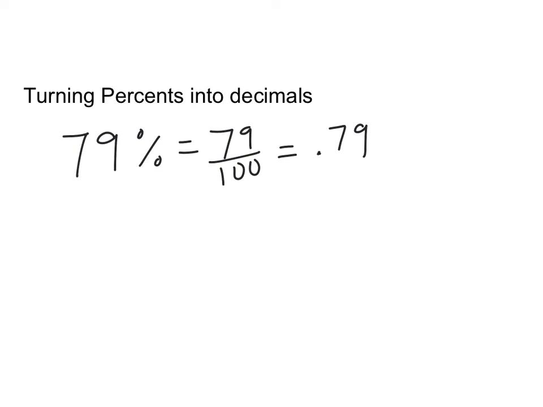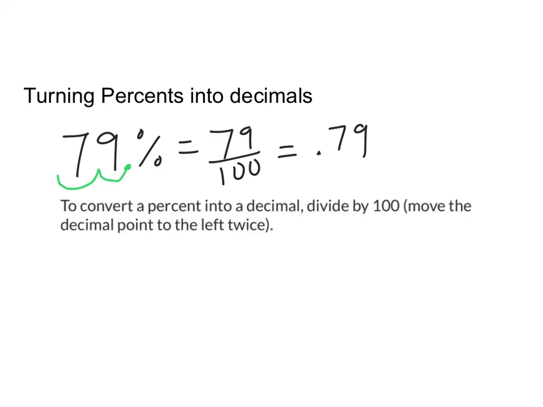So you can see that our pattern is working the same way. We can take wherever that decimal is to begin with, which if there's no decimal there, that means it's just right at the end, and we move it back, so to the left 2 times. So to convert a percent into a decimal, we're going to divide by 100, meaning move the decimal point to the left twice.